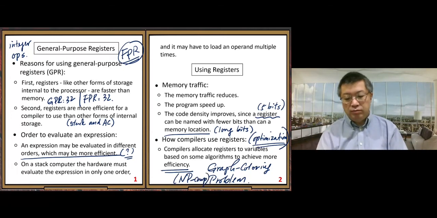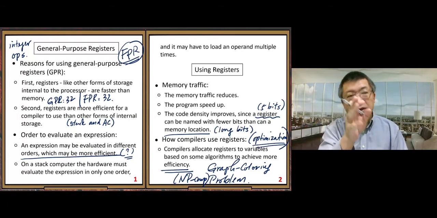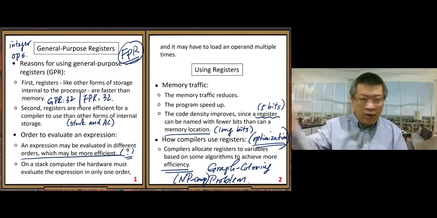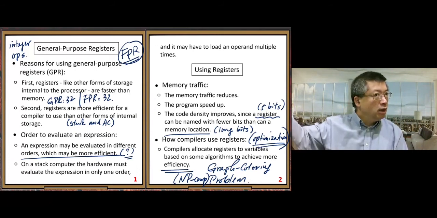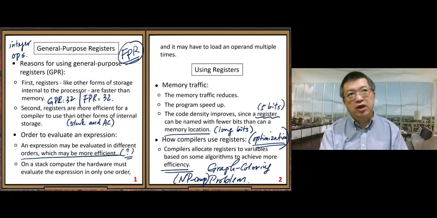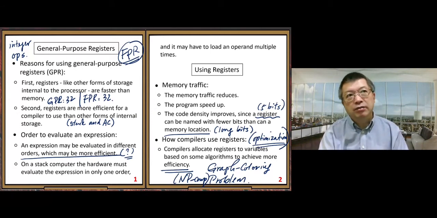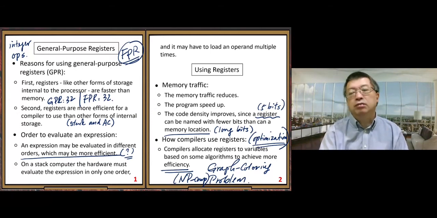Very, very hard. So the compiler optimization problem corresponds to the graph coloring problem. That means if you want to find the optimal solution, it is very difficult. So usually the compiler just finds a near optimal solution, not necessarily the absolute optimal. That's good enough.